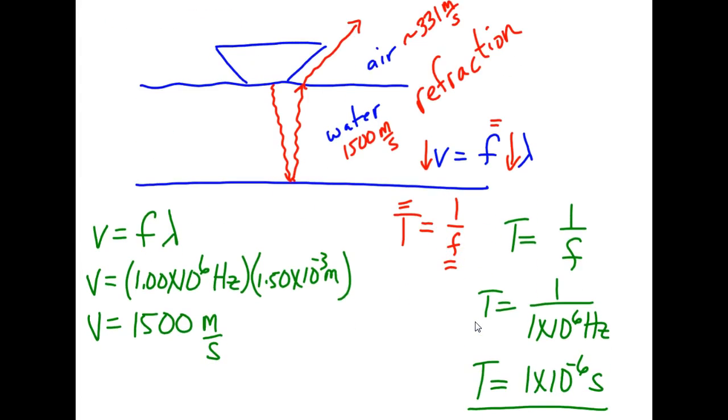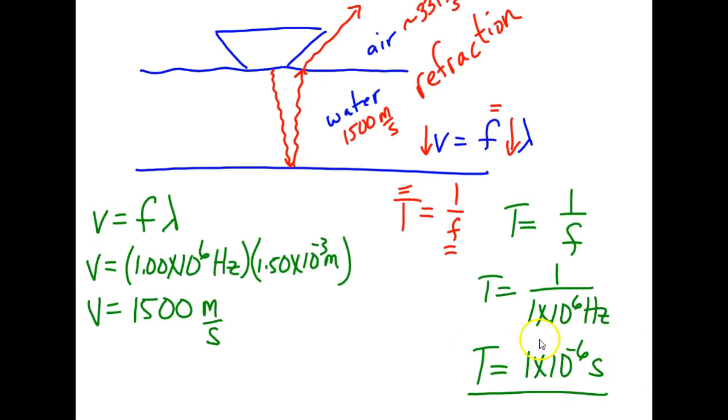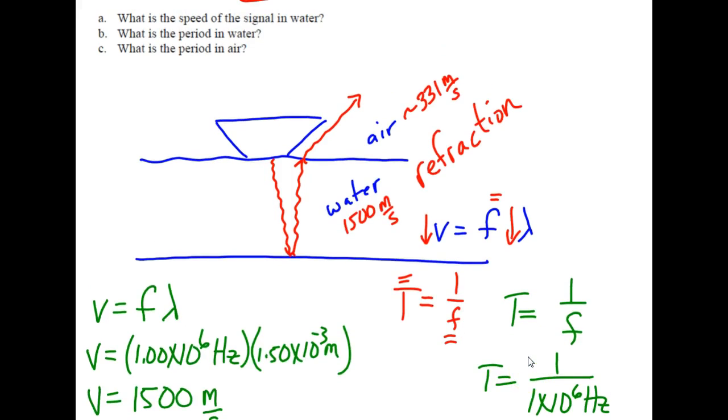So if the frequency in water leads to this period in water, 1 times 10 to the negative 6 seconds, then the period in air will also be 1 times 10 to the negative 6 seconds. Ask more about this in class if you're not sure or don't understand this discussion.